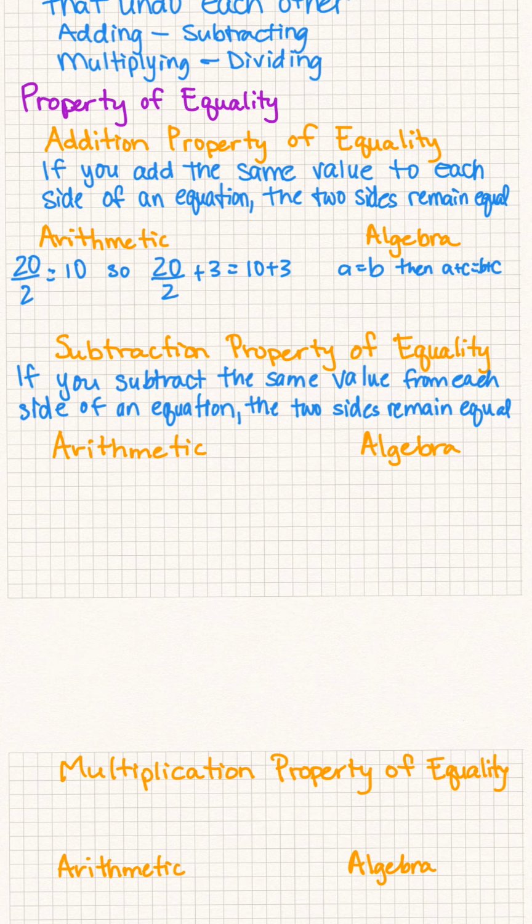So if we put numbers to that, 12 divided by 2 equals 6, so 12 divided by 2 minus 4 equals 6 minus 4. In algebra, A equals B, so A minus C equals B minus C.